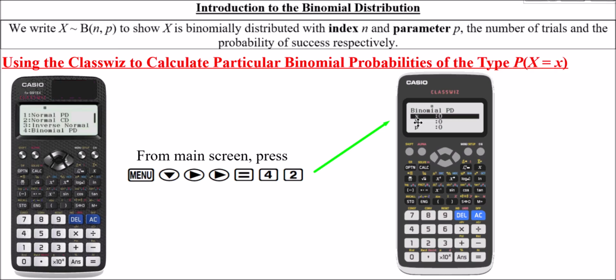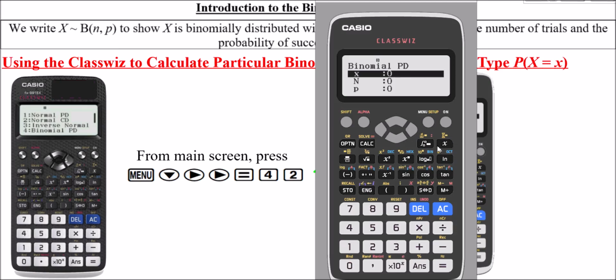So x is the value you want to find the probability of. N is the number of trials. P is the probability of success. If I return very quickly to those games of pool from before, let's imagine we wanted to work out the probability of Sean winning 2 of the 4 games. There's 4 games in total, so we'd press N as being 4.